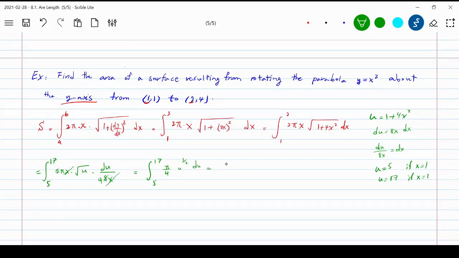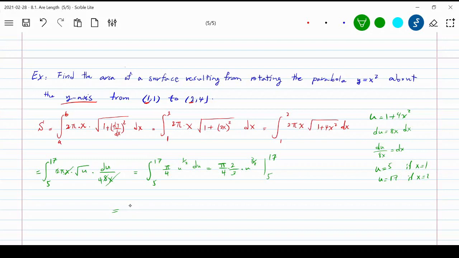And if we integrate this, at this point it is calc 1, simply integration. Add 1 to the power, divide by the same thing, so you would get u to the power 3/2 divided by 3/2, which is 2/3 u to the power 3/2, and evaluate from 5 to 17.